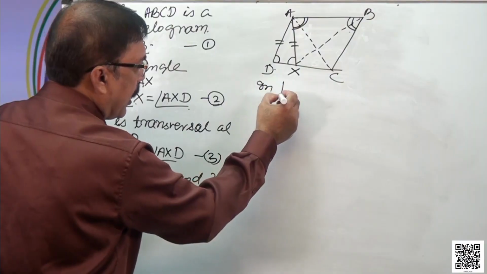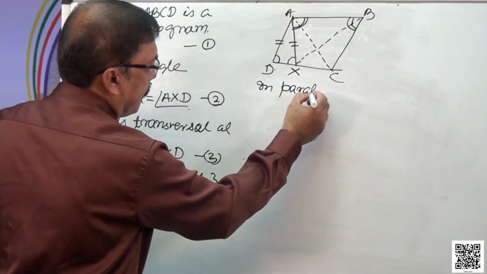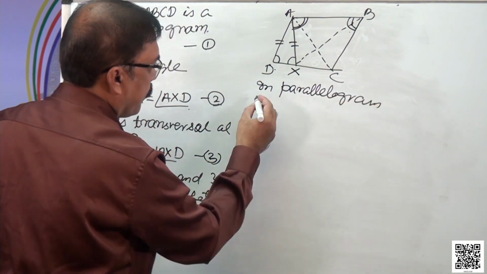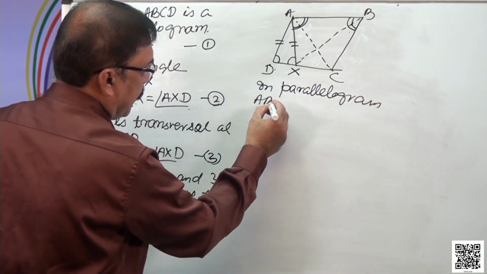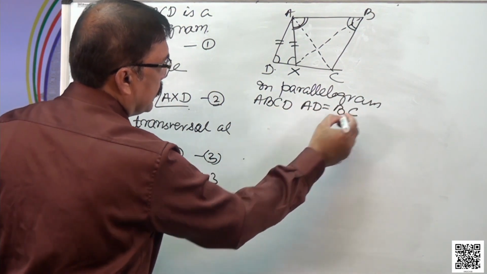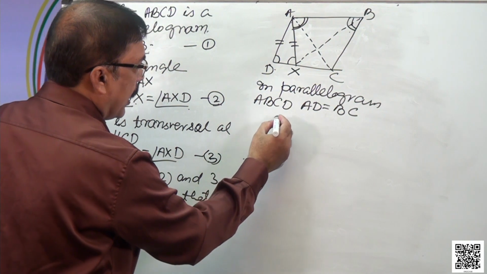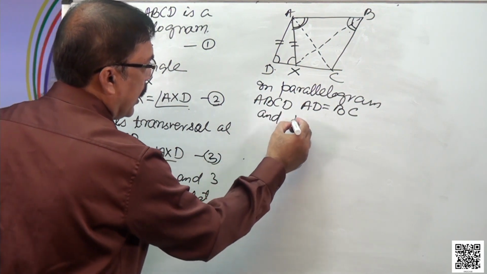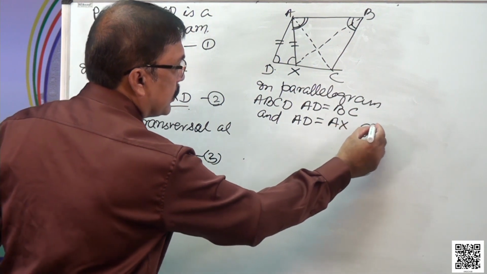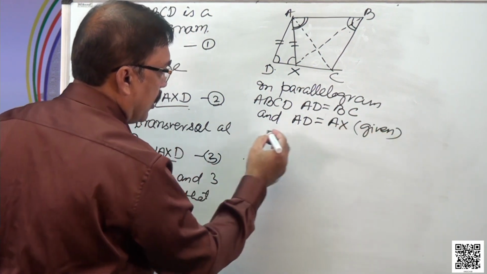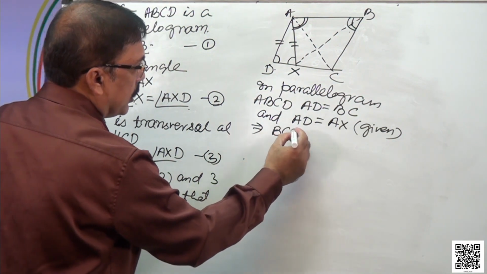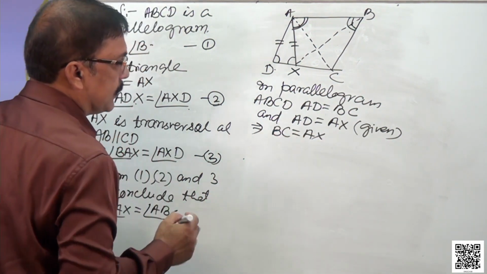In parallelogram ABCD, AD is equal to BC and AD is equal to AX. This is given. So this shows that BC is equal to AX.